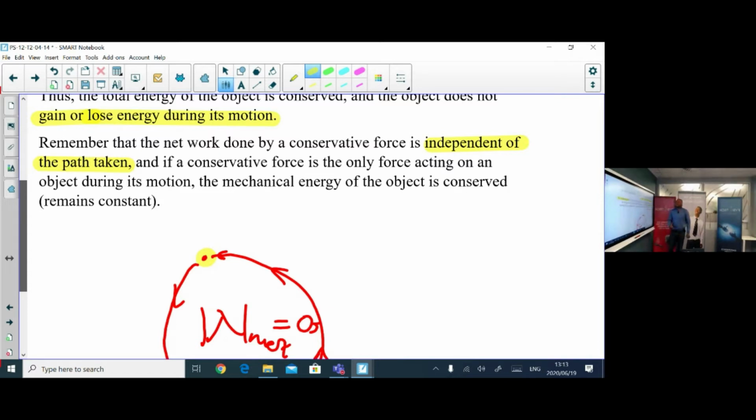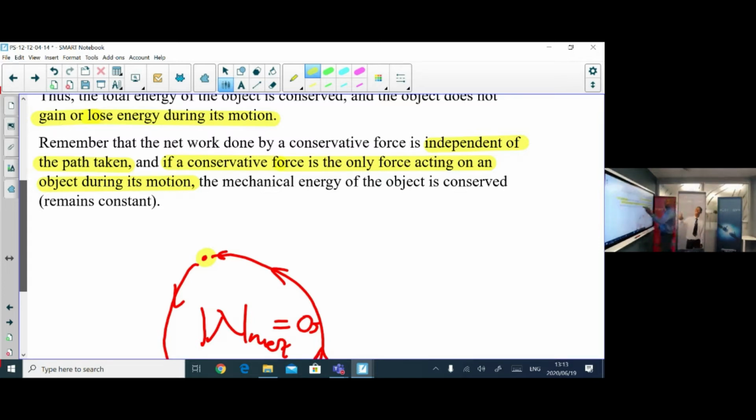This is independent of the path taken, if a conservative force is the only force acting on the object during its motion. In other words, if it's only the gravitational force acting upon a particular object, you must know that you're talking about a conservative force.